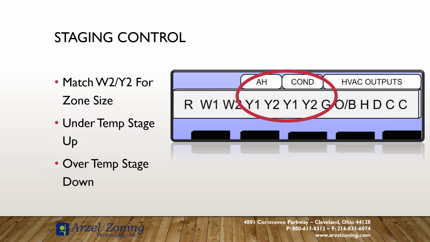That's going to allow you to run a Y2 condenser output for that smaller zone while still running a Y1 blower output. So your airflow is more closely matched to the zone, but now you have increased heat capacity. So you're going to get hotter air from the heat pump delivered into that zone without needing to run your electric backup heat. And it's a performance improvement. It increases the comfort for our customers.